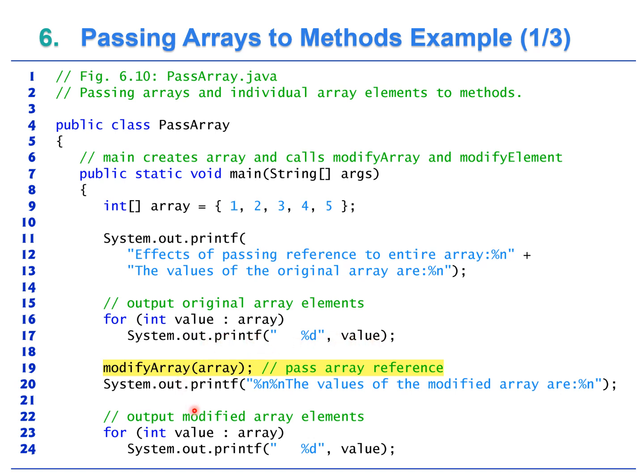Next, the method main calls the method modifyArray, passing the array variable as an argument. Method modifyArray receives a copy of the array's reference and uses the reference to multiply each of the array's elements by 2.